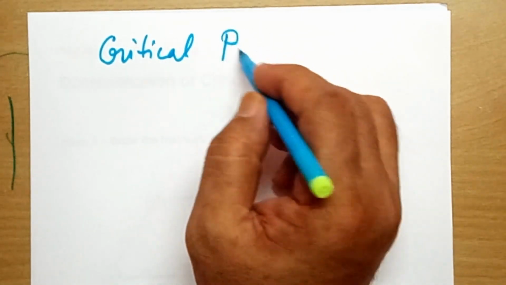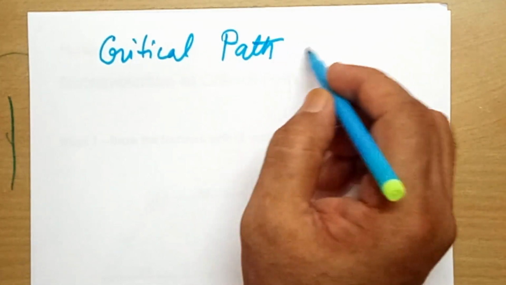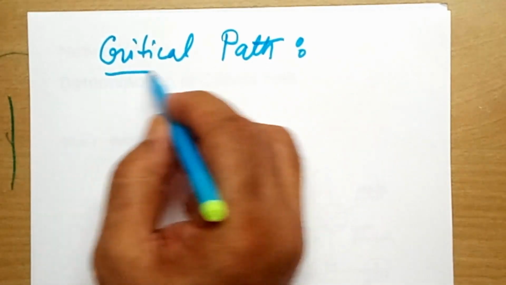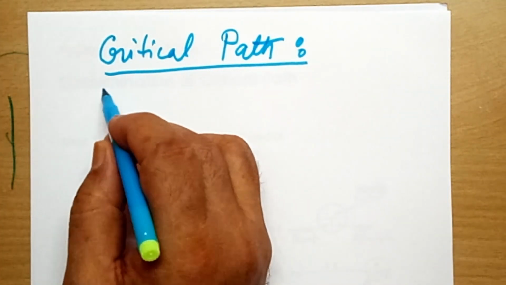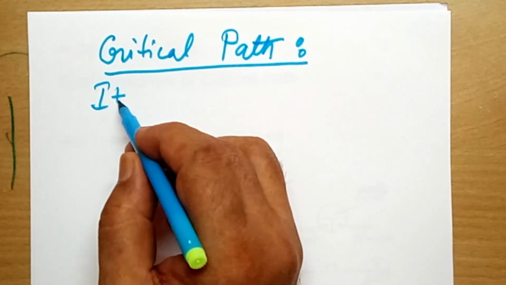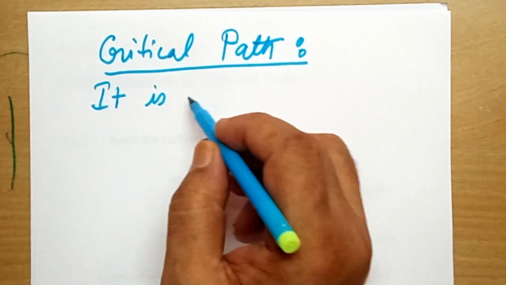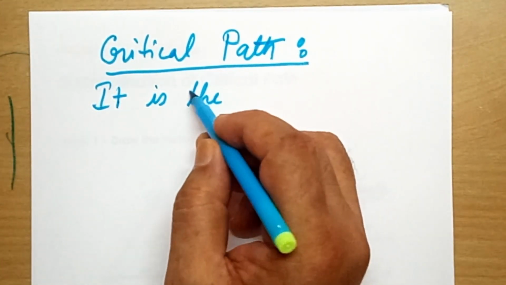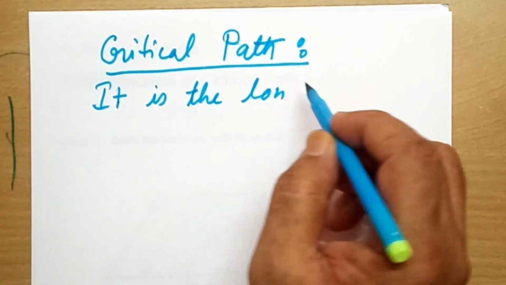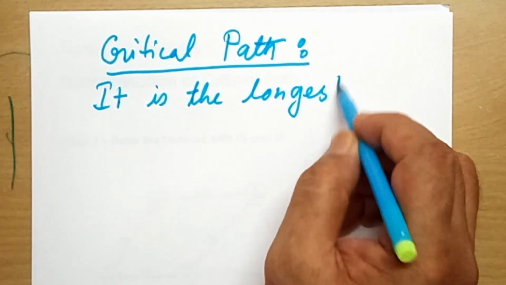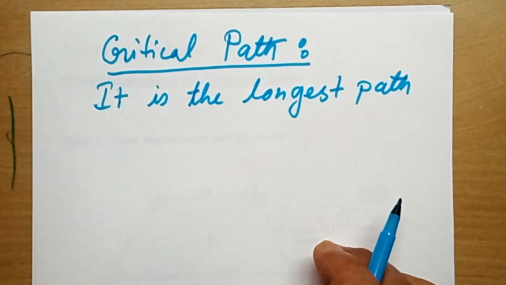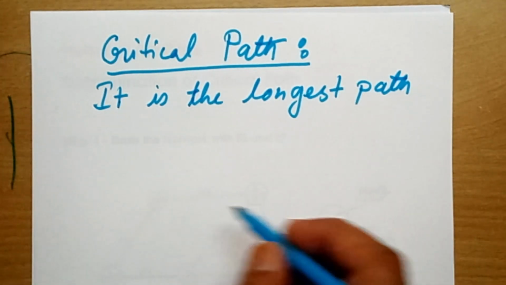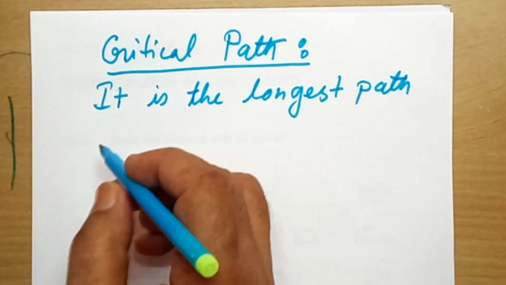Critical path is the longest path through the network diagram.